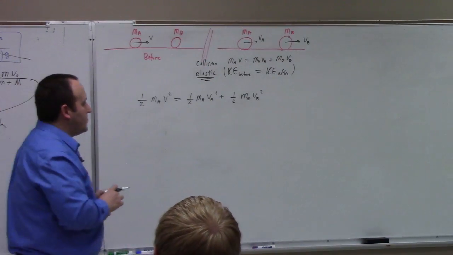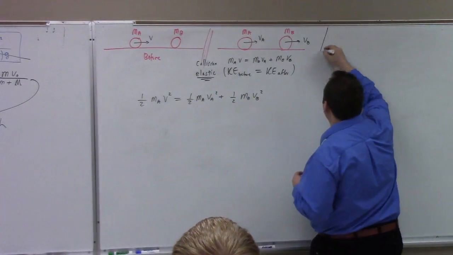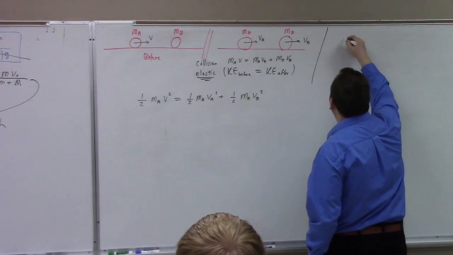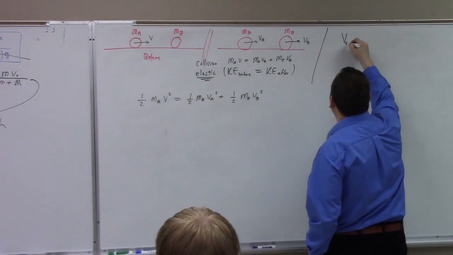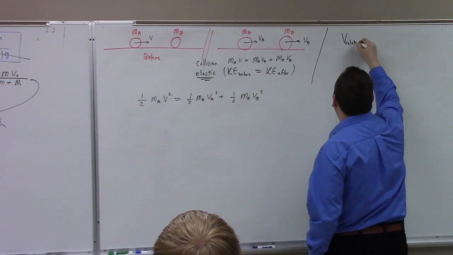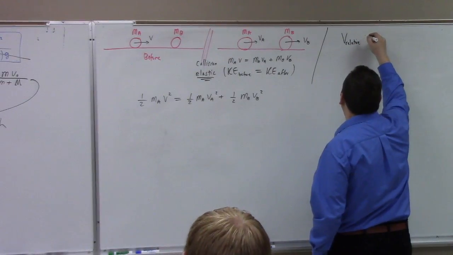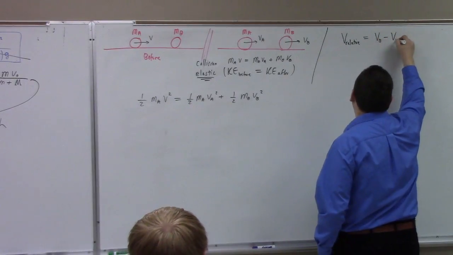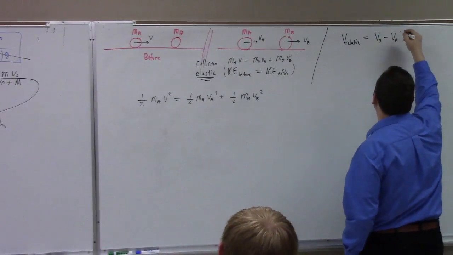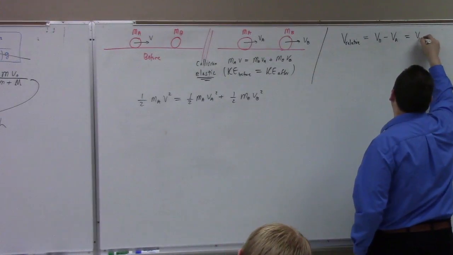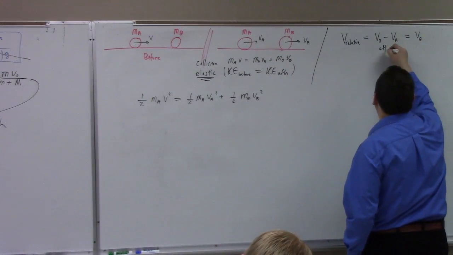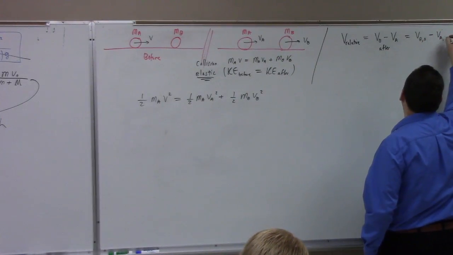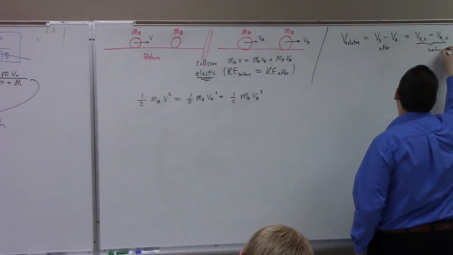Now my goal, I happen to know, and you might discover this just from working specific examples, is that the relative velocity, which we could define as VB minus VA after, is also equal to VB naught minus VA naught before, but not the same.